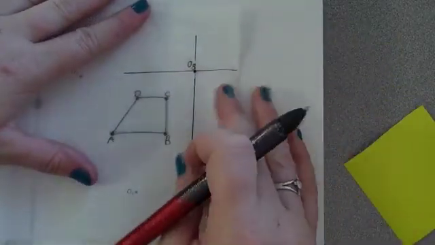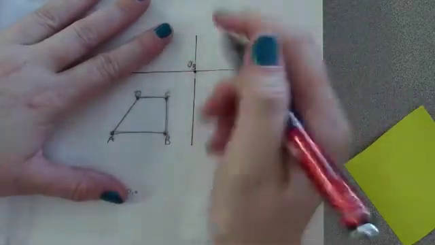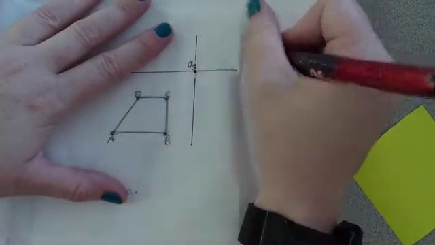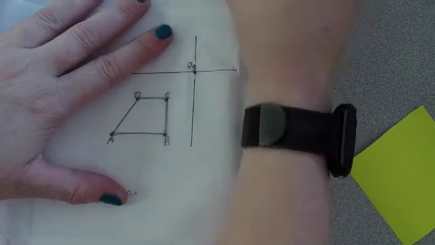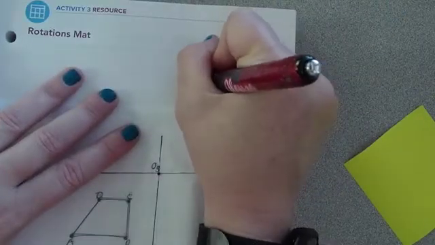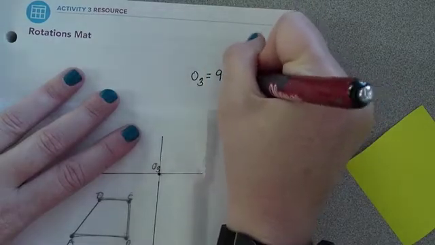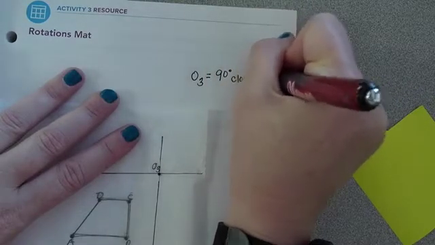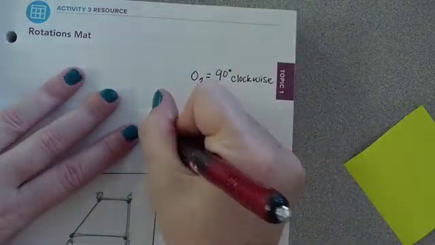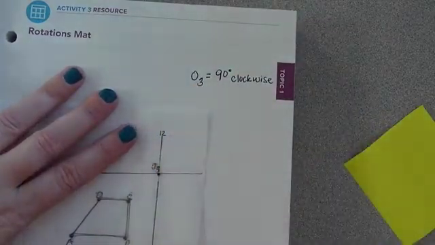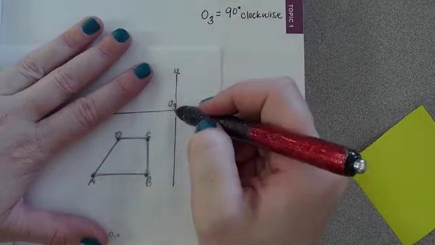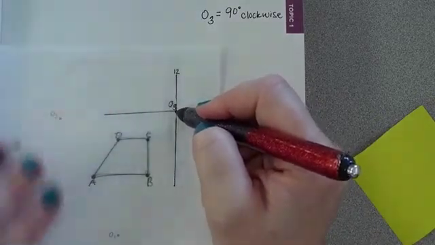Okay, so we are going to do 90 degrees clockwise. So point 03, we're going to do 90 degrees clockwise. So if we think about this as 12 o'clock, you're going to put your pen on that point, and we're going to rotate it.